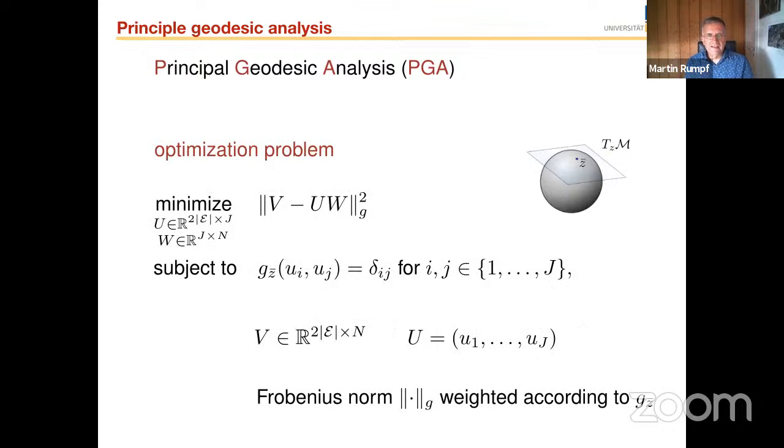And mathematically, in a compact form, this leads to this optimization problem. So the V here is in rows just the input data. Therefore, these are R to the 2 number of edges vectors, and we have then uppercase N of them.